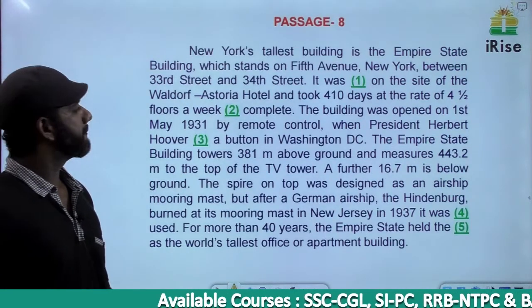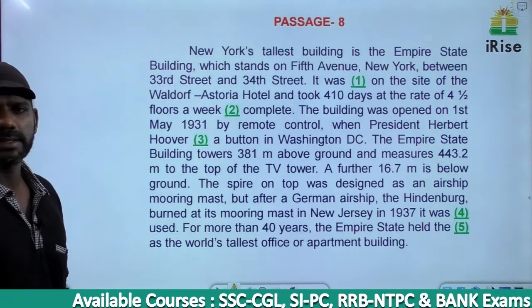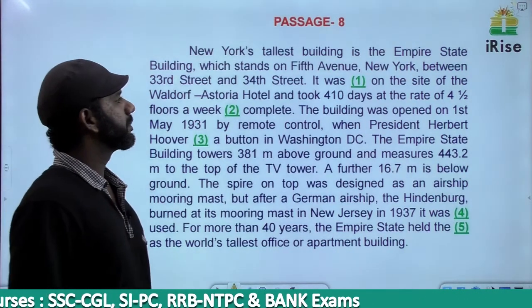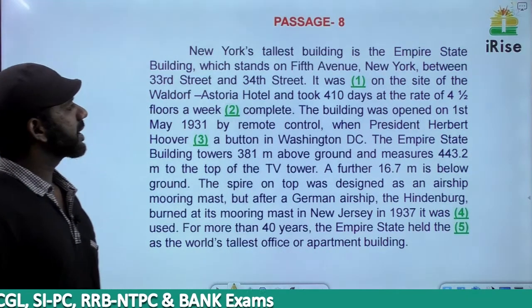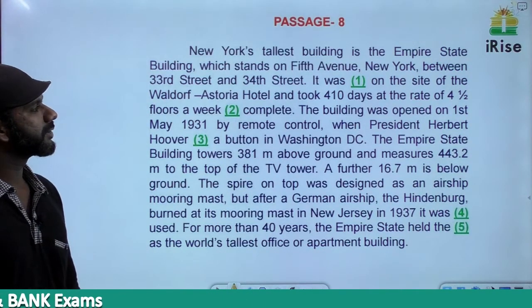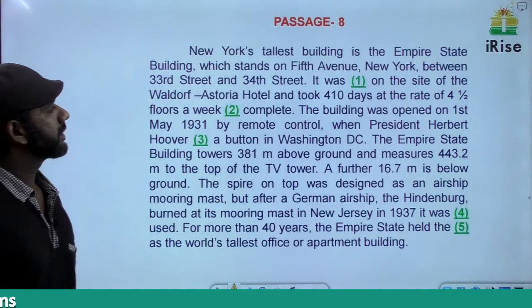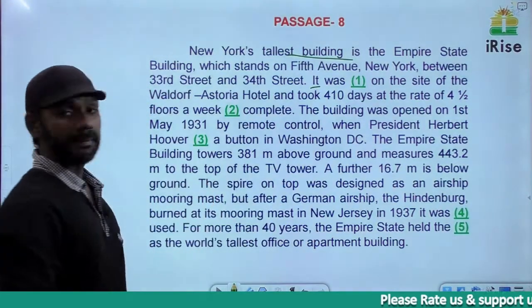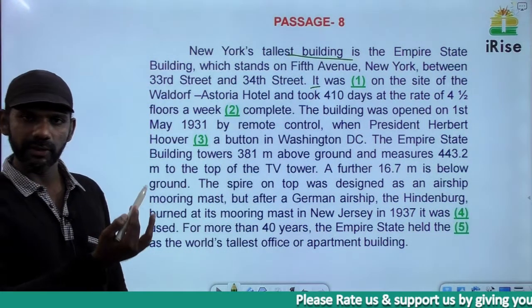We'll read it. We have only 5 blanks in this passage. New York's tallest building is the Empire State Building, which stands on 5th Avenue, New York, between 33rd Street and 34th Street. It means the tallest building, the Empire State Building. Pronoun antecedent, singular pronoun, singular noun.